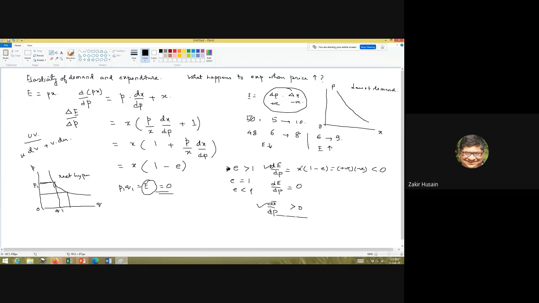If you have an elastic demand curve, consumers will react sharply to a price change; therefore if price goes up, expenditure will come down. On the other hand, with an inelastic demand curve, consumers react, but not much. So when price goes up, demand changes very slightly, and expenditure will go up. Here demand has fallen by only 1 unit, that is why expenditure has gone up.